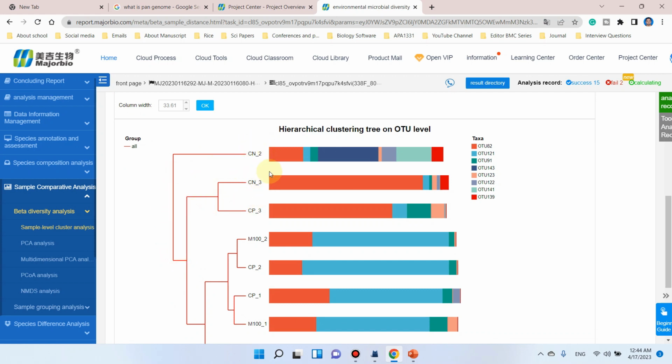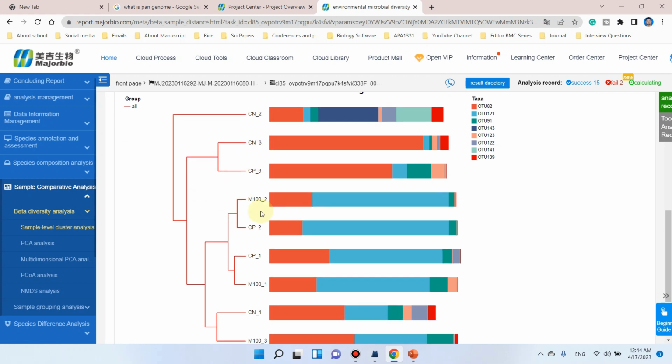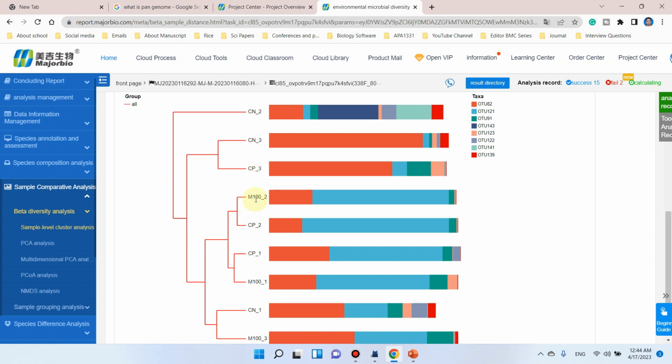You can see control negative 2 and control negative 3 are under one clade, so it means they are more closely linked. Similarly, if we see the management group and control positive group, they are more closely linked.